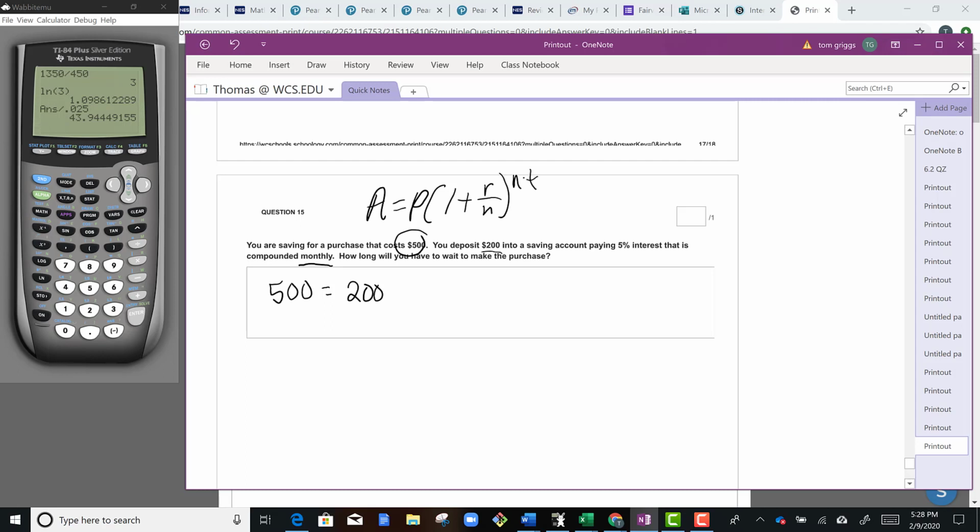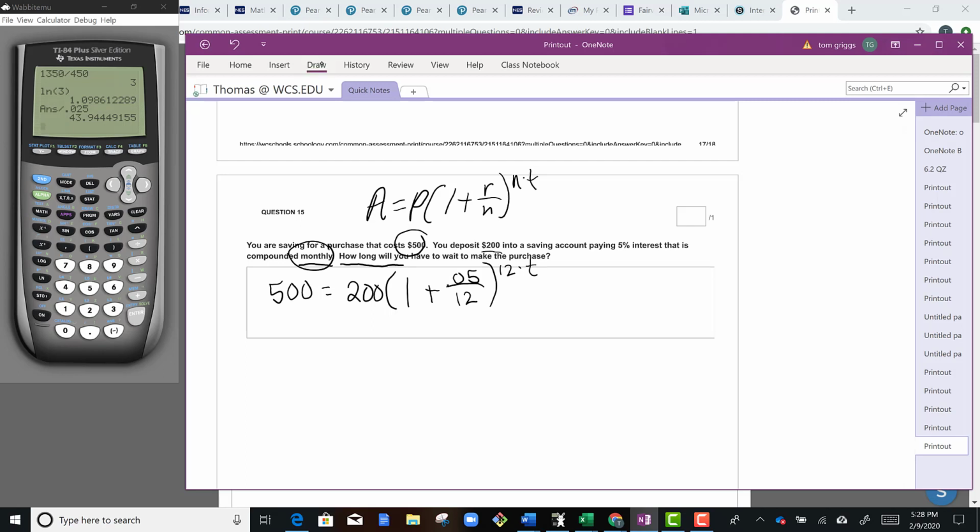Using this formula, should be familiar to you. The rate is 0.05, and it's important, guys, that you show all of these steps. There's not a lot of steps to show on some of these problems, but you need to show the setup of the formula. We're compounding monthly, so that's where I'm getting 12 from, 12 months in a year. And we're trying to find out, again, how long. So we're trying to solve for t.